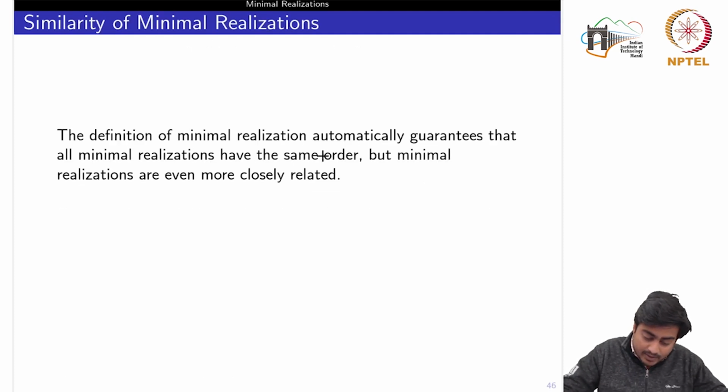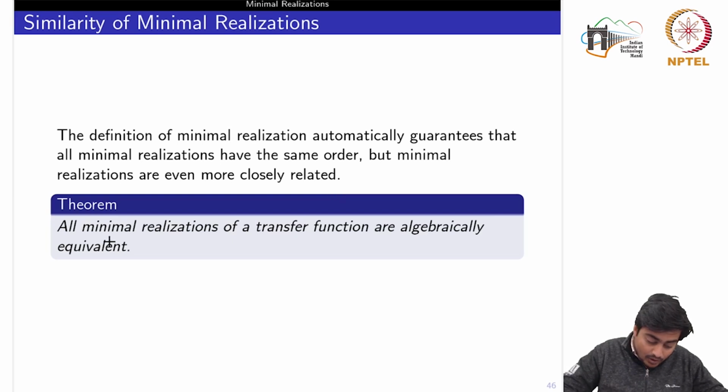The definition of minimal realization automatically guarantees that all minimal realizations have the same order, right? But minimal realizations are even more closely related, in the sense that all minimal realizations of a transfer function are algebraically equivalent.